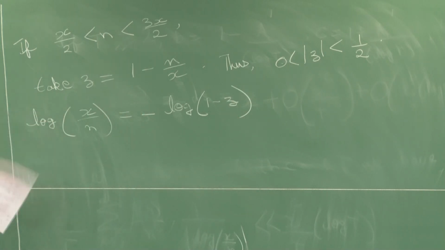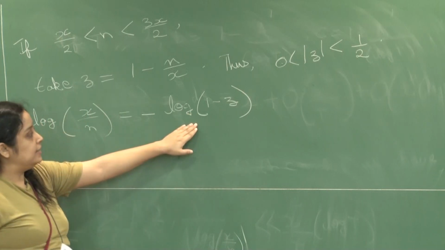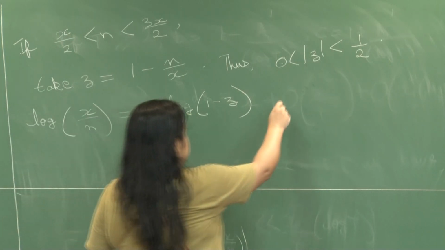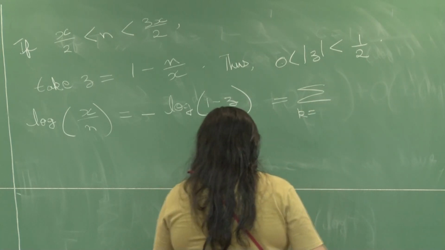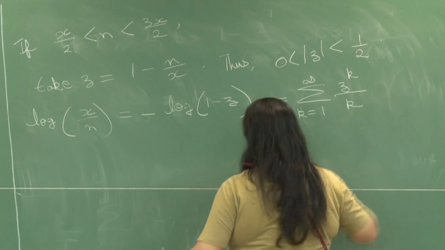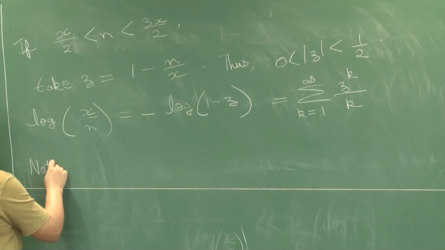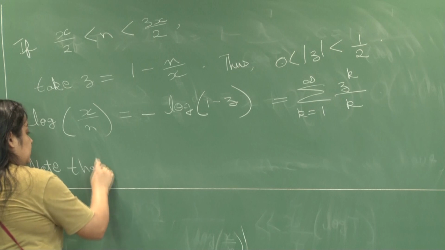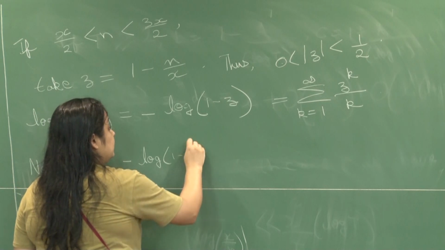Okay, and this of course, if your absolute z lies between 0 and half, has a Taylor series expansion, which is just the summation k going from 1 to infinity of z raised to the k over k. And so what you get finally is that you can take minus log of 1 minus z over z.